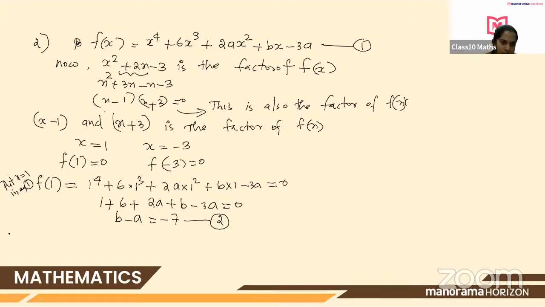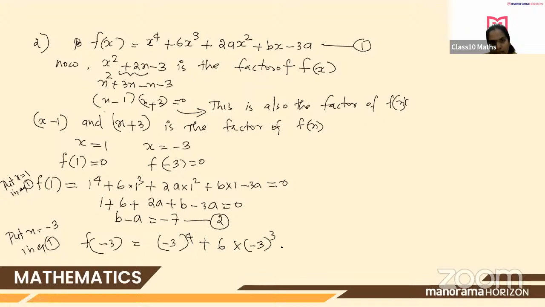Then put x is equal to minus 3 in equation 1. That is f of minus 3 is equal to minus 3 raised to 4 plus 6 into minus 3 cube plus 2a into minus 3 square plus b into minus 3 minus 3 into a.